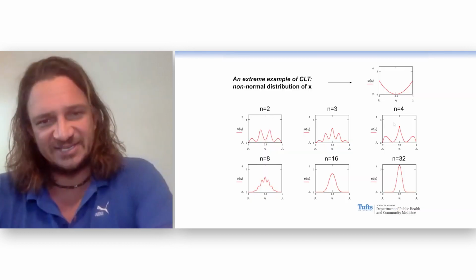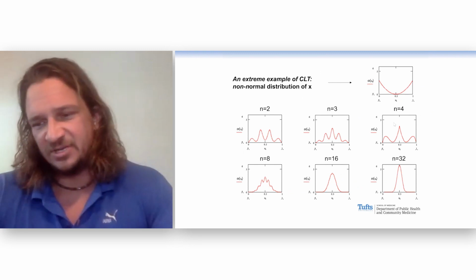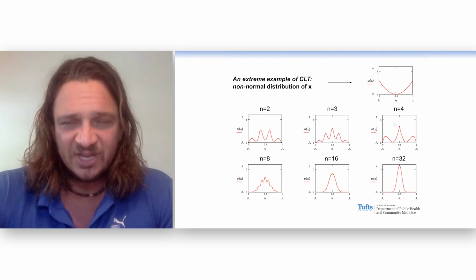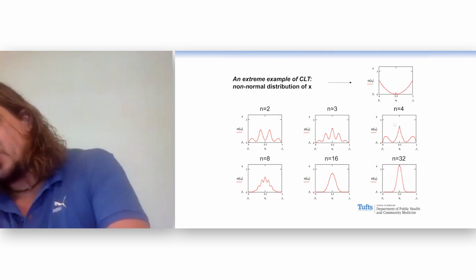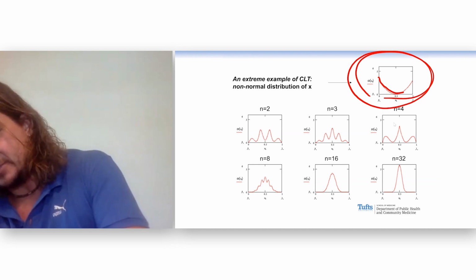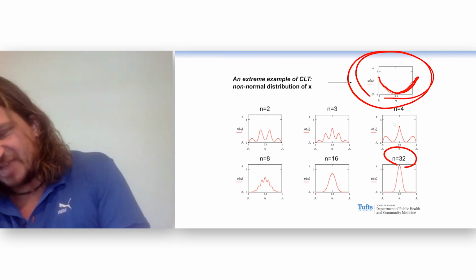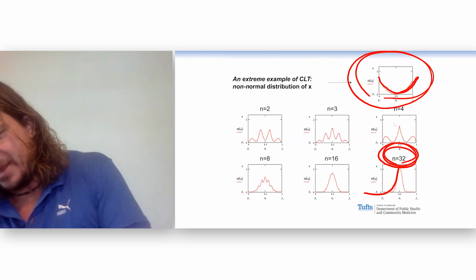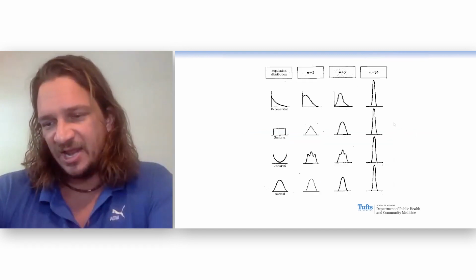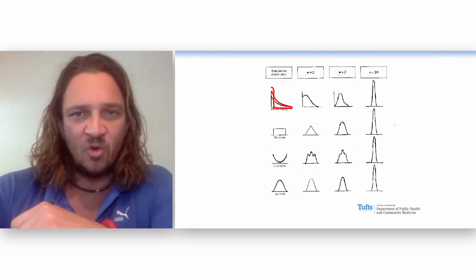There's a couple more slides that just show you this in extreme values. Look at that top right corner here. This is a weird distribution. That's definitely not normal. But if we take samples of size 32 and calculate the mean each time, it is normal. Check this out. Here's a distribution, not normal.